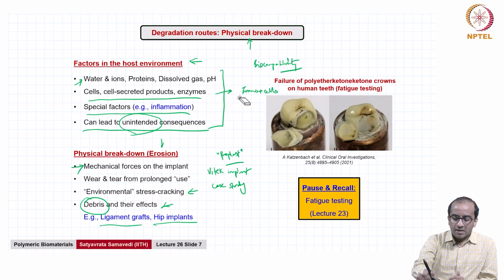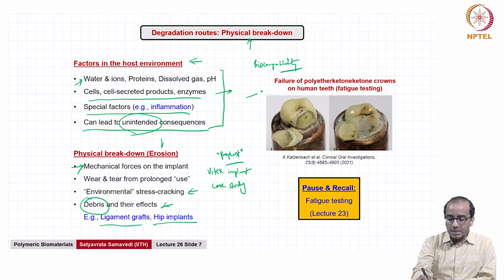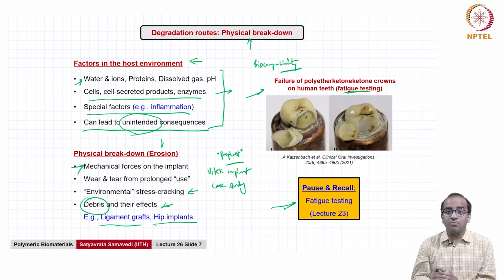And shown here, a more dramatic example is failure of these polymer crowns on human teeth occurring from fatigue testing. Again, fatigue testing is something we have seen in some detail in lecture number 23. Now would be a good time to pause and recall, where we saw that devices and polymers subjected to repeated load-unload cycles, what you would call fatigue testing, are important for materials and devices that would eventually undergo those types of forces in the body at the site of implantation.